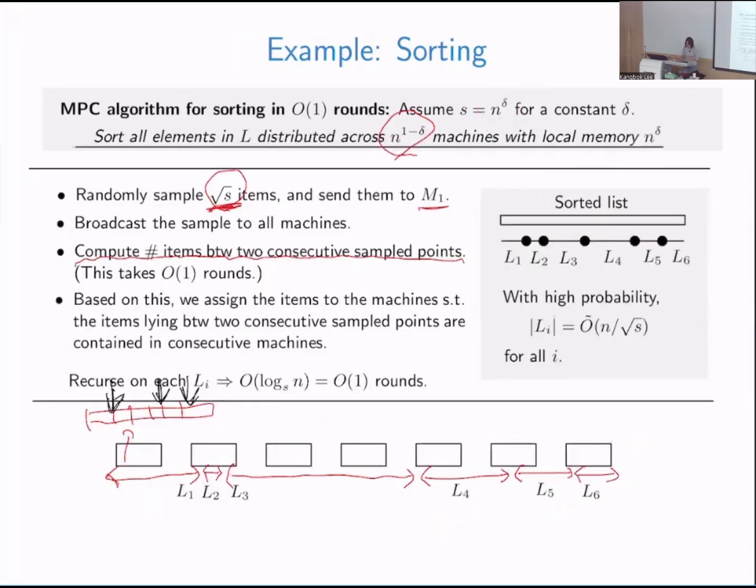But I mean, sampling can be done in a constant number of rounds, and it takes linear time in the worst case.